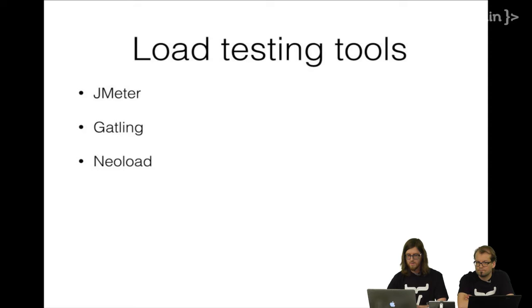And then there is also Neoload, which is commercial, but very extensive and good, and it has an optimized plugin for Vaadin too. I think we had a webinar about Neoload in November last year. Yes, we had. So if you look in our webinar archive, you should find it.